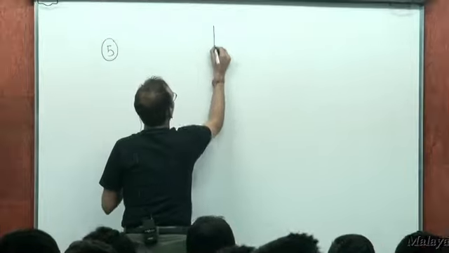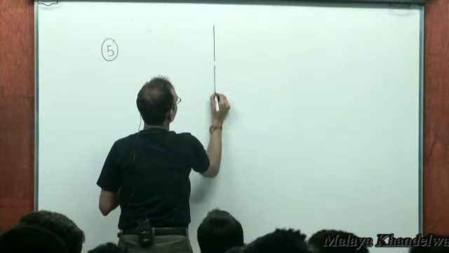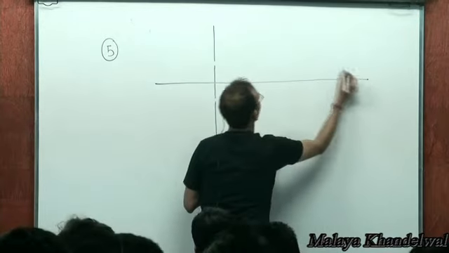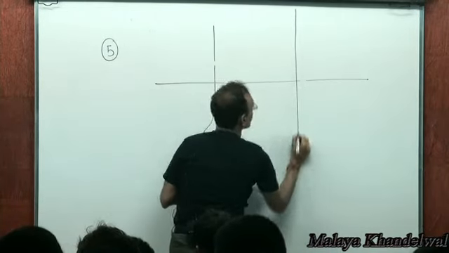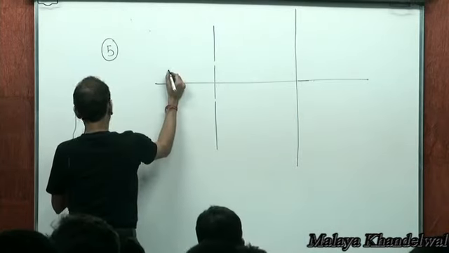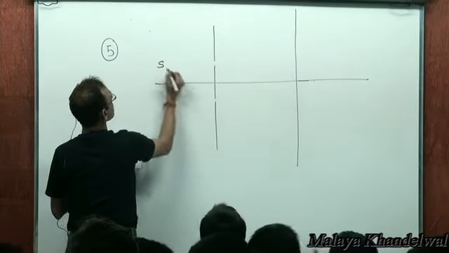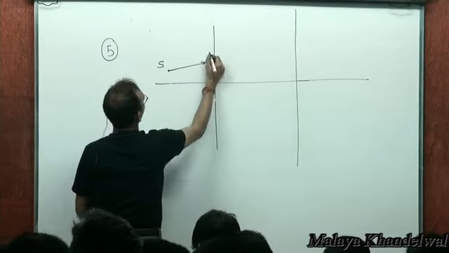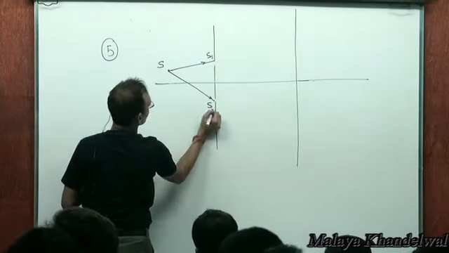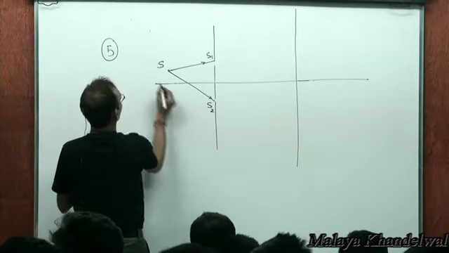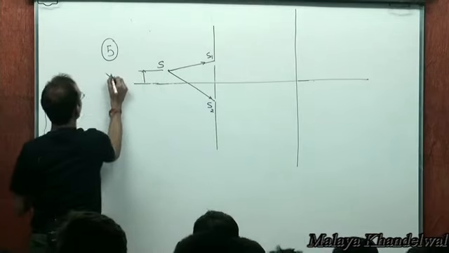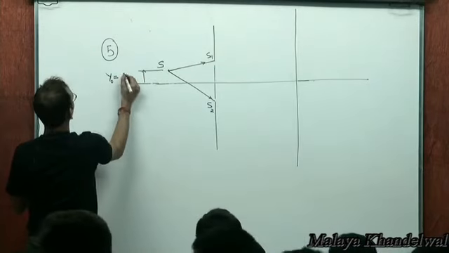In problem 5, we have an arrangement of the following kind. There is a source S illuminating S1 and S2. And this is, say, Y naught equal to 1 mm.